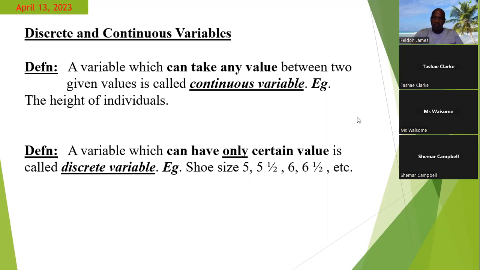The continuous variable is basically like on a ruler, you will have 5, 6, 7, 8, going right up to 2.